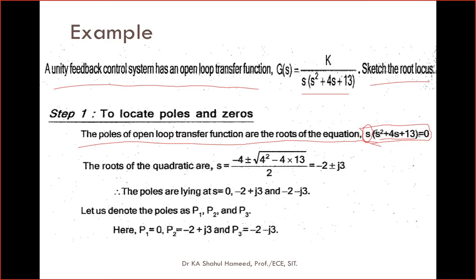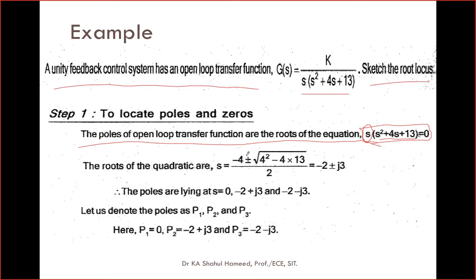We have to factor it, that is, we are going to find the roots of the quadratic equation. You know the formula: minus b plus or minus square root of b square minus 4ac divided by 2a. Here a value is 1, b value is 4 and c value is 13.